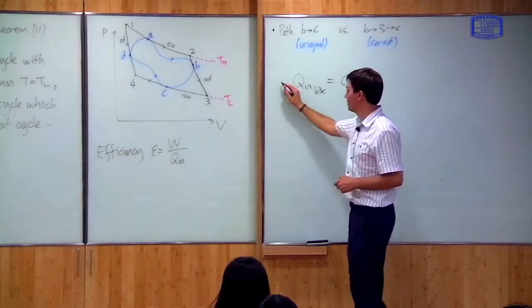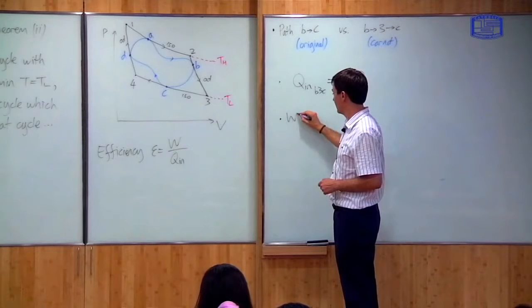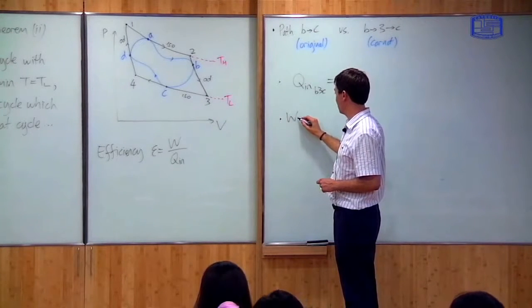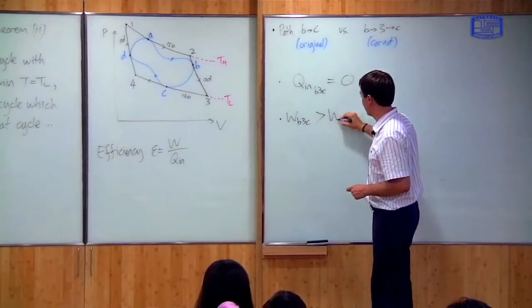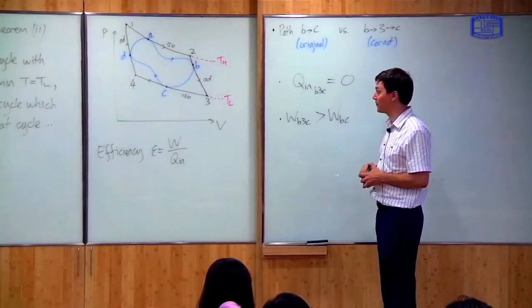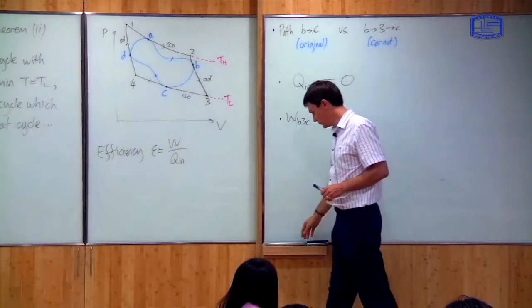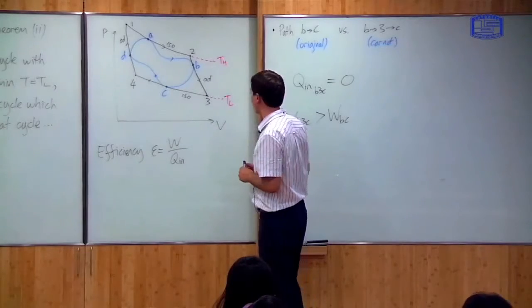So this is true, and it's also true that the work in going from B to 3 to C is greater than the work along the original path from B to C. Why is this true?